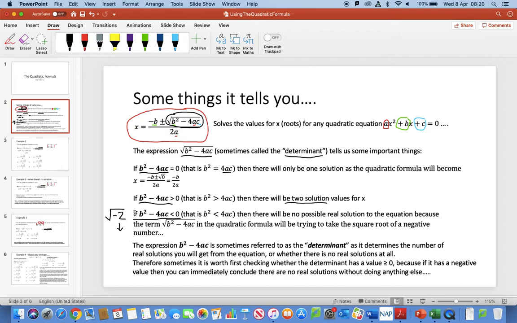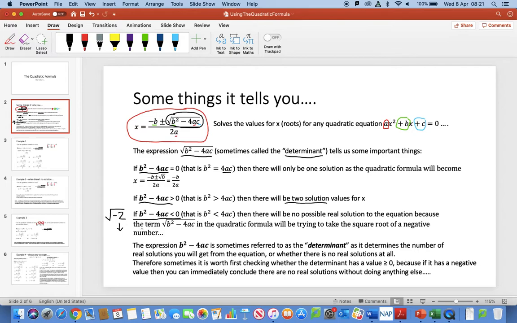So regardless of what strategy of factorising or solving the equation you want to use, whether it's product sum rule, or completing the square, or using this formula, if you do a simple check of b squared minus 4ac and find that it's negative, then you can instantly conclude that there will be no solution to that equation without having to go through the rigmarole of trying to complete the square or using some other strategy.